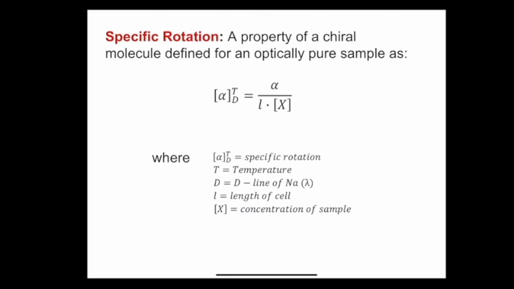If you choose to do your sample of tartrate, you're going to measure at the bench this value at some concentration in your sample, L. I might choose a different concentration with a different L, and I'm going to measure a different alpha. But both of us, because we are normalizing the values to the concentration and the path length, will have the exact same alpha D value. That's usually what's reported.